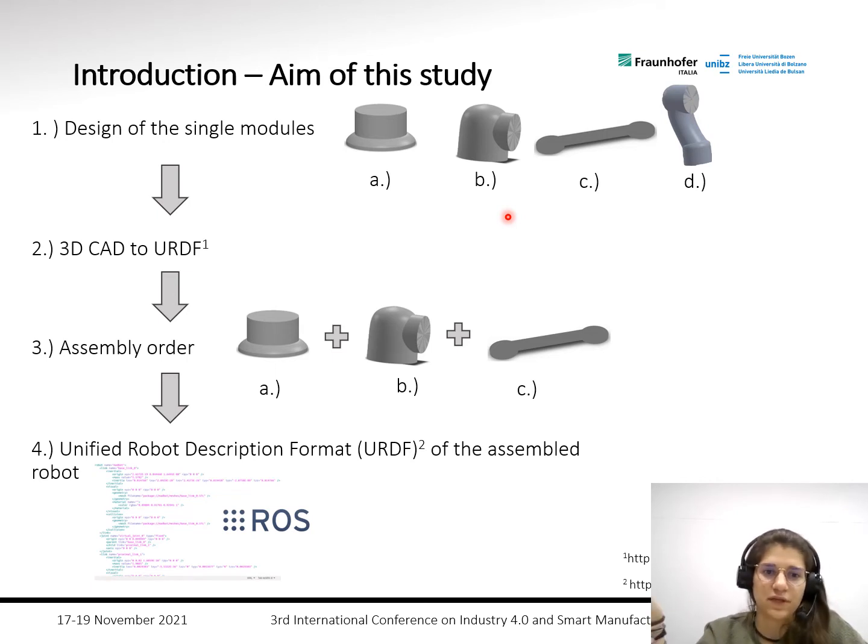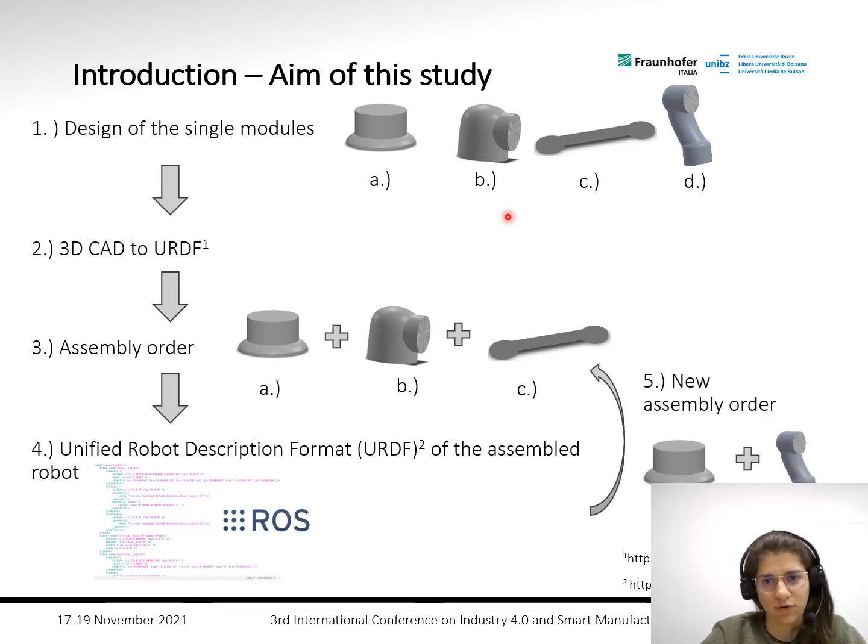Once we have the final URDF, we are also able to easily control the robot and to simulate it. The great advantage of this approach is that once we want to change one module or an assembly order, we do not need to redesign the whole robot, but simply establish the new assembly order.